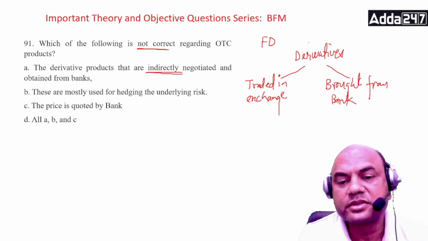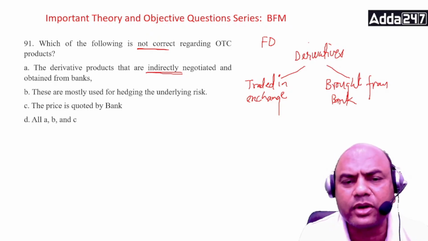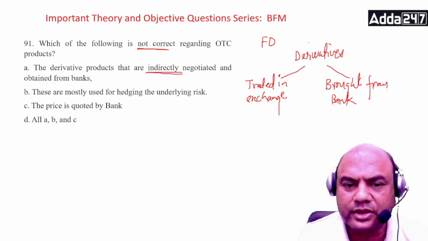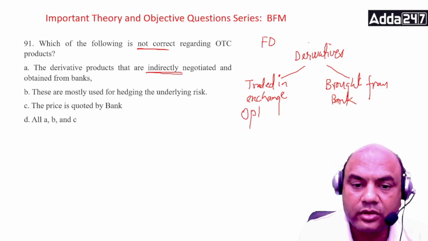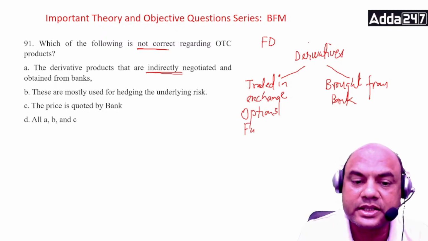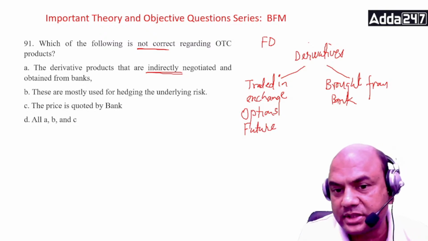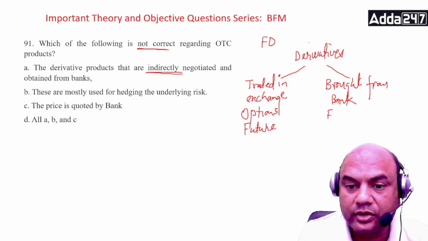So which are those? See, there are many assets. Let me give you one example of this. One is options and futures. These are traded in the exchanges. Which are the ones which are brought from the bank? This is the forward market, right? Forward.